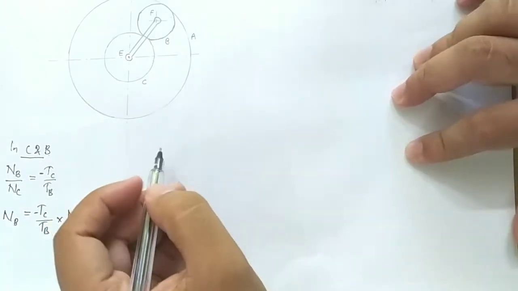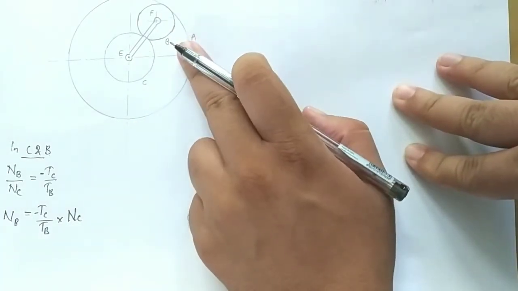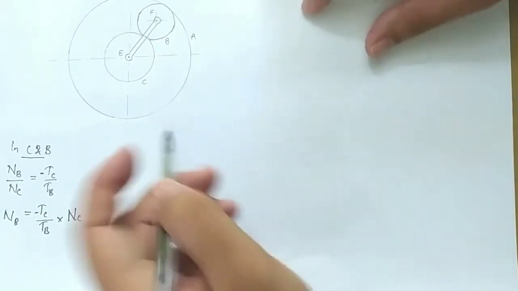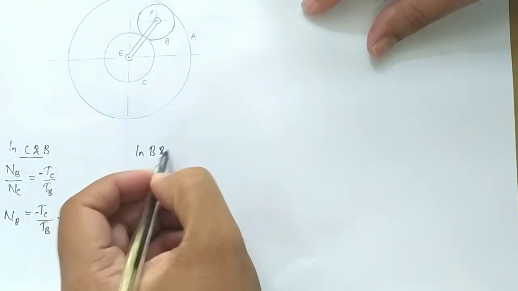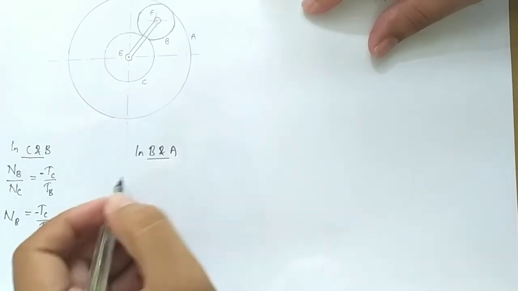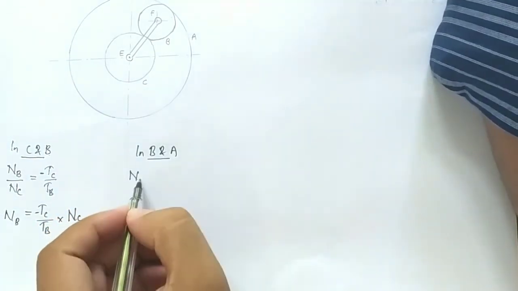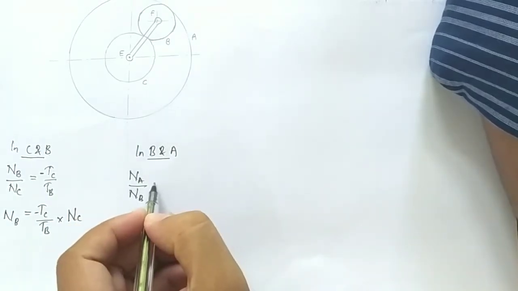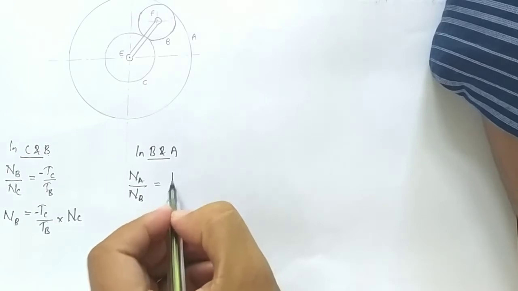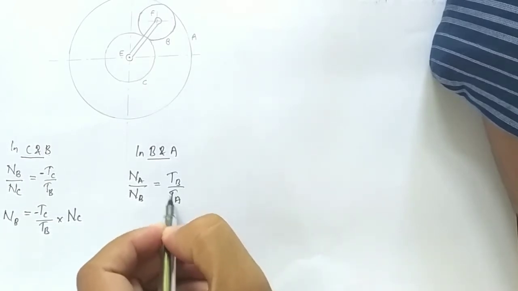Now you can take the second case. I told you, first you take C and B meshing. Now B and A are meshing. That sequence is very important, B and A meshing. Similarly, the train value will be outside, NA driven by NB is equal to the reciprocal, TB by TA.